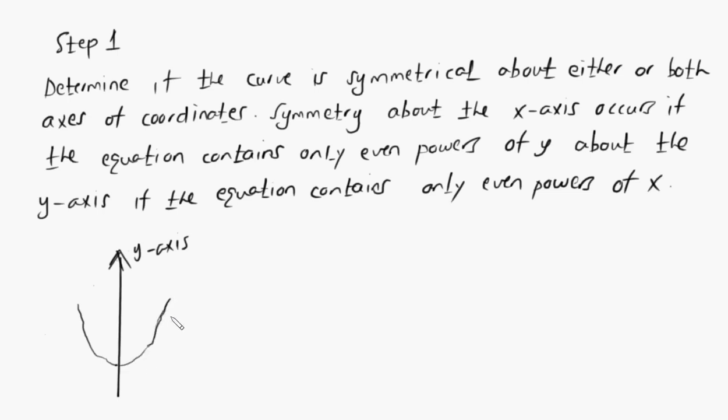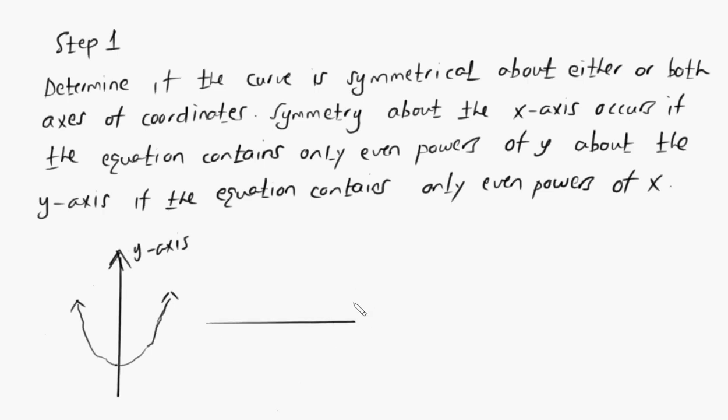Doesn't matter the shape it takes, lakini kwamba the y-axis divides the curve into two equal parts. Similarly, nikisema symmetrical about the x-axis, manake the x-axis divides the curve into two equal parts, kama hivi.